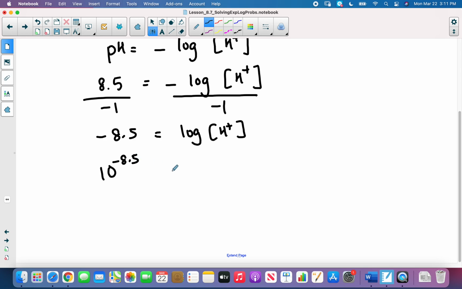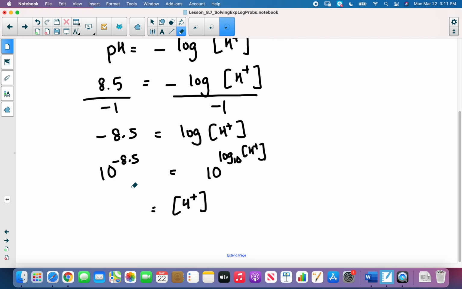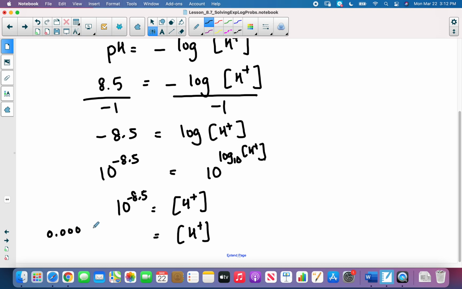10 to the power of negative 8.5 equals 10 to the power of log to the base 10 of hydrogen ion concentration. So that is negative 8.5 equals hydrogen ion concentration, and 10 to the power of negative 8.5. You take that in your calculator and you would find that the hydrogen ion concentration works out to 0.000000003.